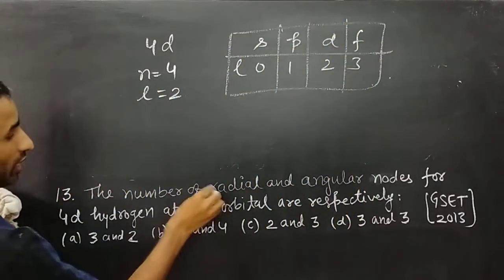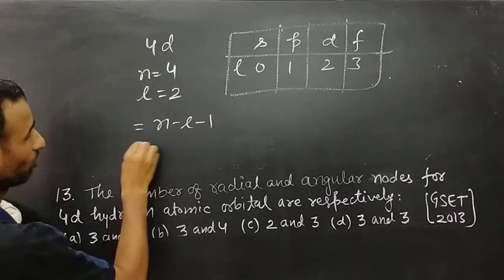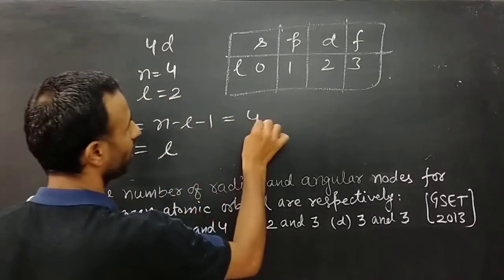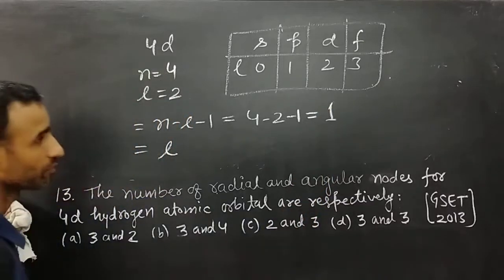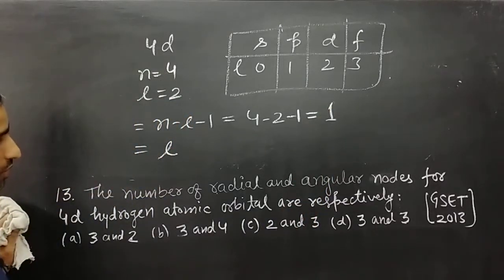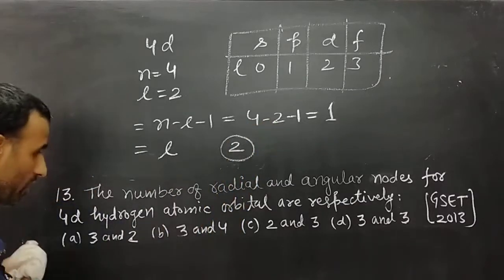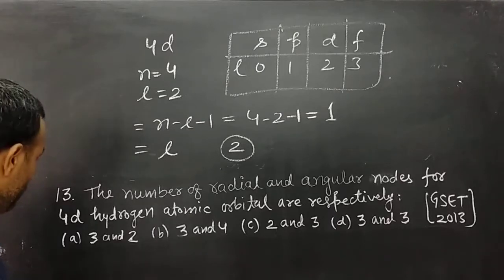Radial nodes is n minus L minus 1 and angular nodes is L. So 4 minus 2 minus 1, that means only 1. And what is L? 2, that is 1 and 2. There is no such option.